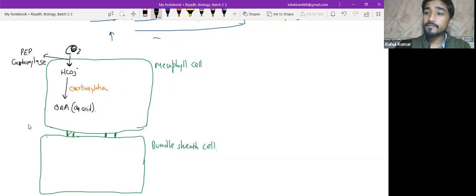So why it is more efficient than C3 is that it brings in CO2 and asks PEP carboxylase to convert it into HCO3 negative, so that we can easily carboxylate it without the use of Rubisco. By this way, you can bring in as much CO2 as you want without burdening the Rubisco system. Do you understand this, people? Yes, sir.